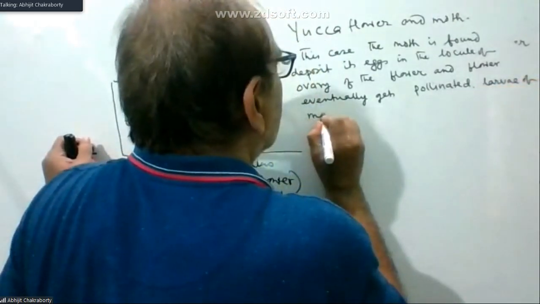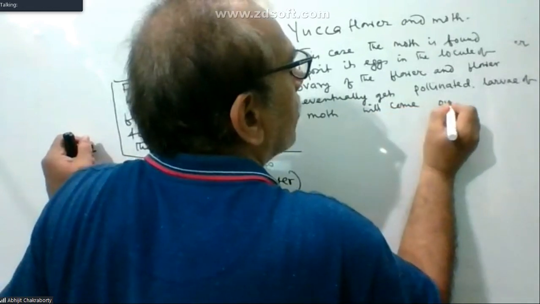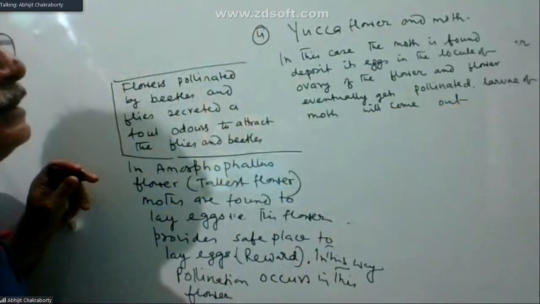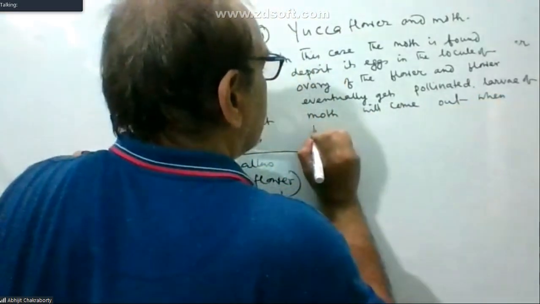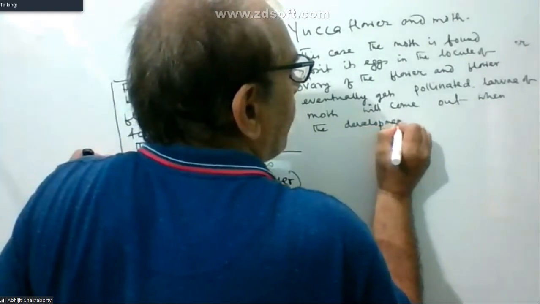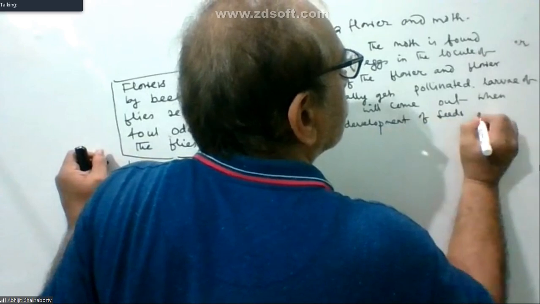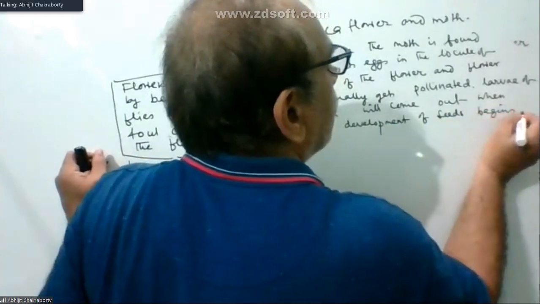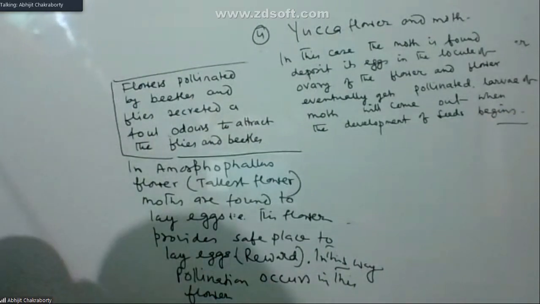Larvae of moth will come out when the seed starts developing. Larvae of moth will come out from where?